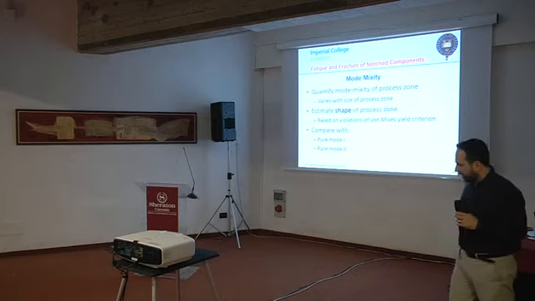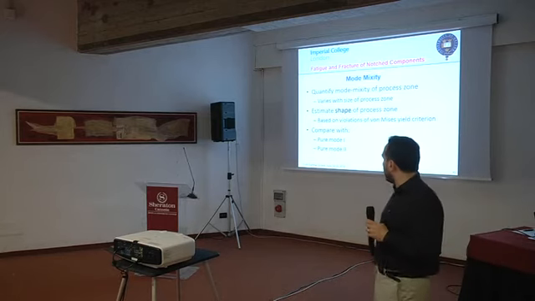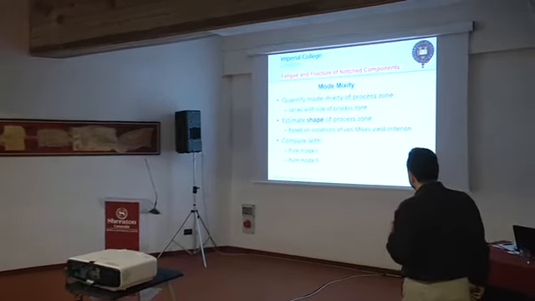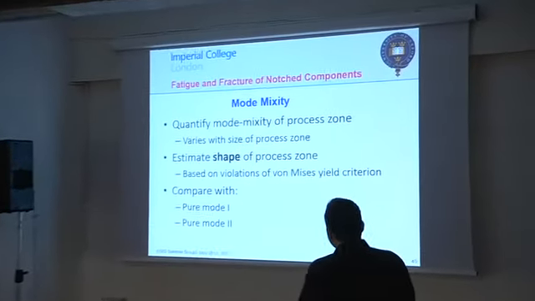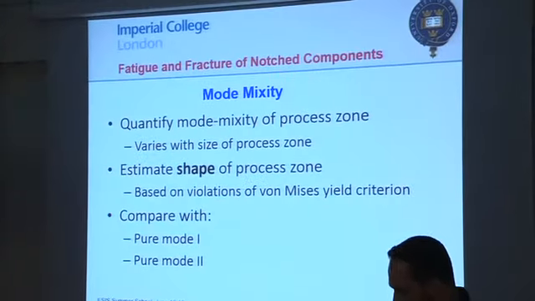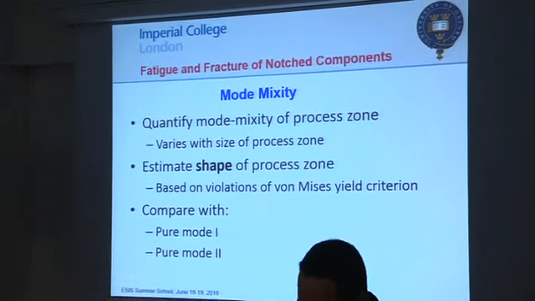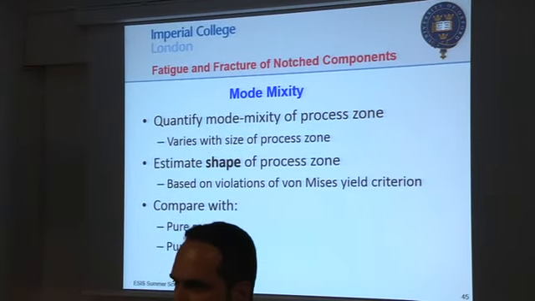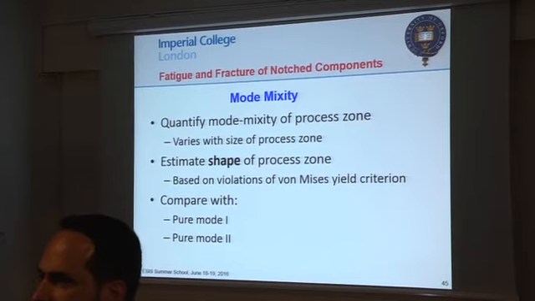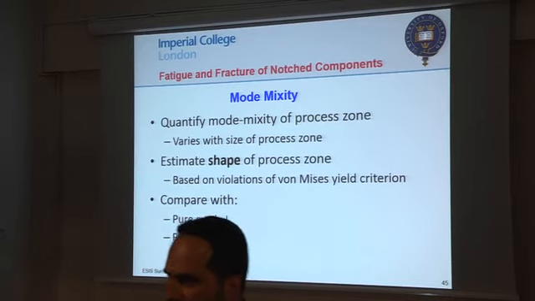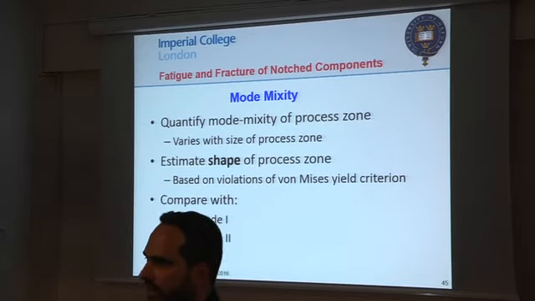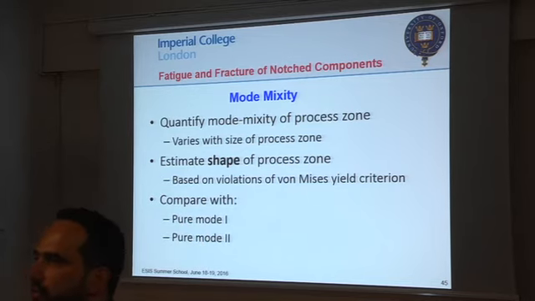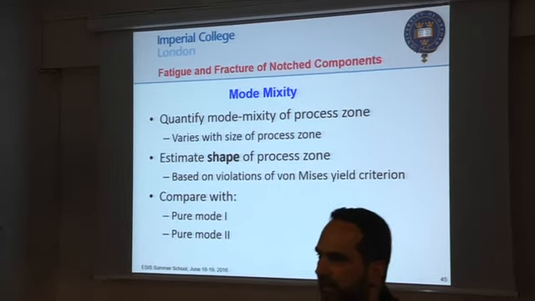That's what we look at next. We look at mode mixity. We want to quantify the mode mixity of the process zone, so we want to look at the area around the notch which is important, where things happen. For example, if a fracture starts, the process zone is the region over which you exceed a certain stress.